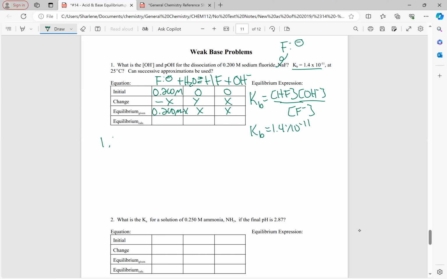So 1.4 times 10 to the minus 11th is equal to x squared over 0.2 minus x. Again, I'm going to make the assumption that this is a weak base, so I'm going to ignore that. So x is going to turn out to be 1.4 to the negative 11th times 0.2 and square root it.